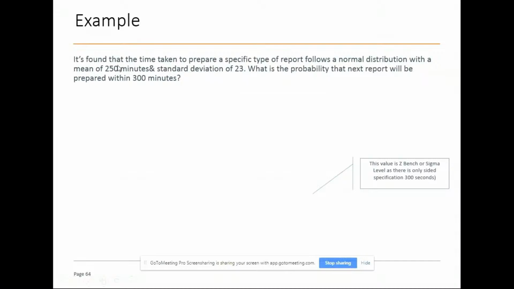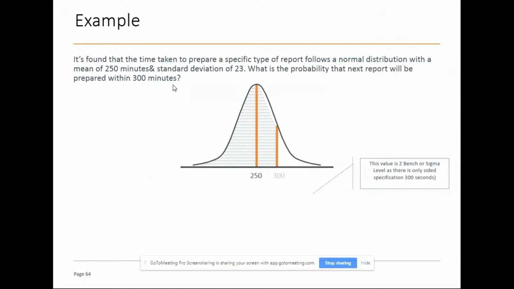It is found that the time taken to prepare a specific type of report follows a normal distribution with a mean of 250 minutes and a standard deviation of 23. What we want to find out is what is the probability that the next report will be prepared within 300 minutes.